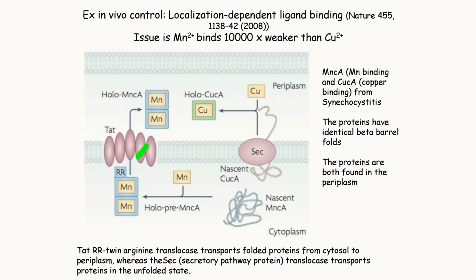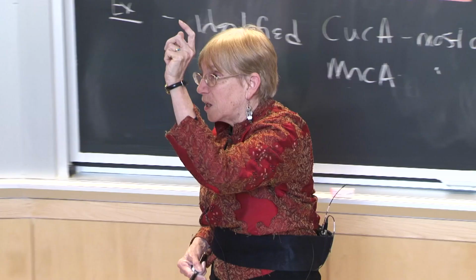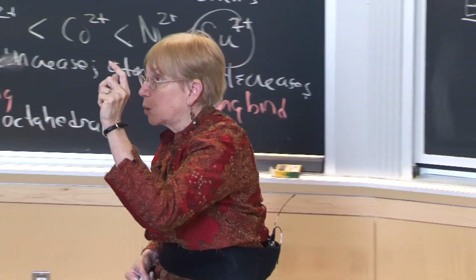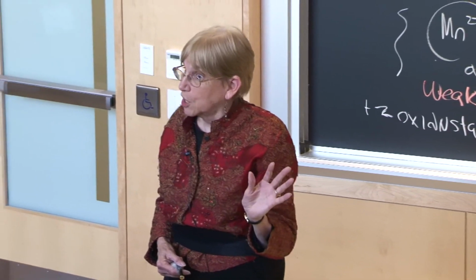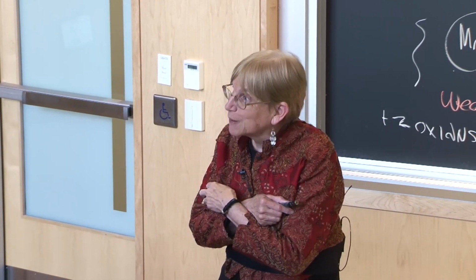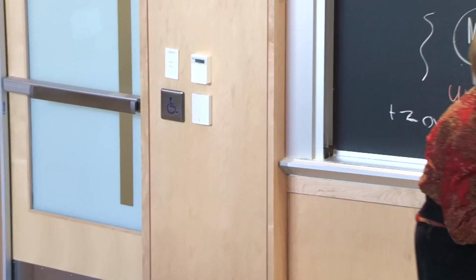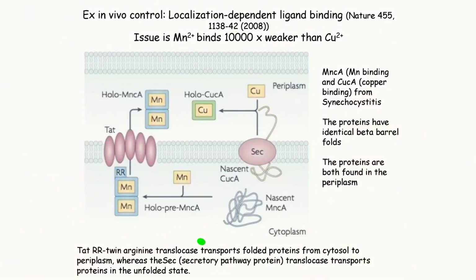One is through the TAT transporter, and TAT recognizes a couple of arginines, a little zip code, we've seen zip codes over and over again, which then takes it in the folded state into the periplasm. And the manganese, once it's in there, doesn't come out, doesn't exchange. So there's something about the environment that does not allow exchange. So the manganese is placed into the protein in the cytosol.